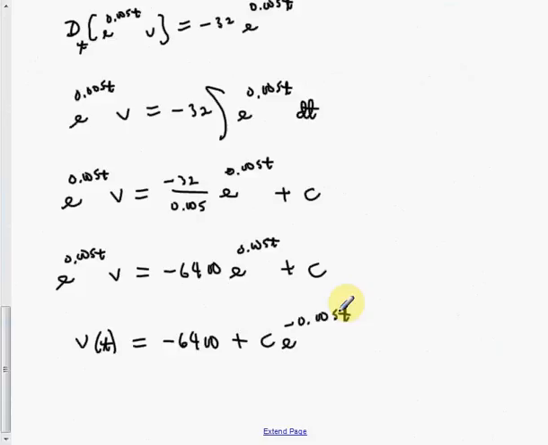What is c? What is c? Because I can't get the height, s of t, until I know what c is, right? C is 6,400?